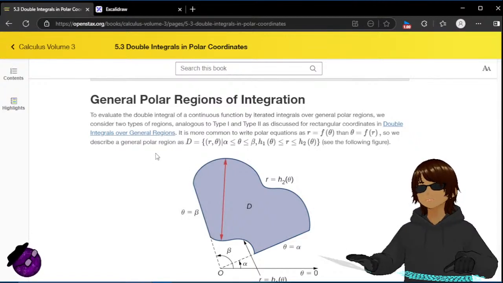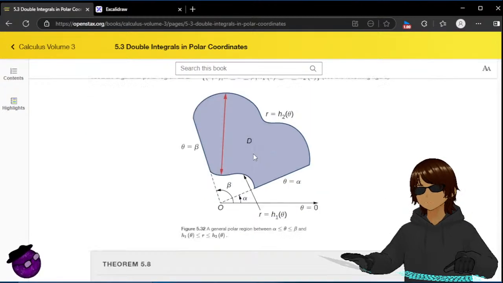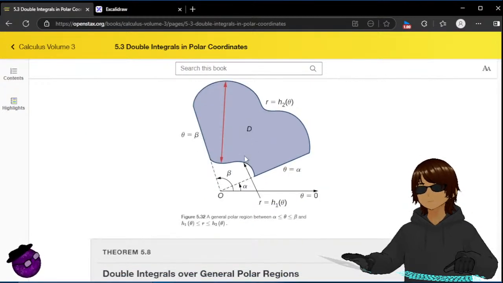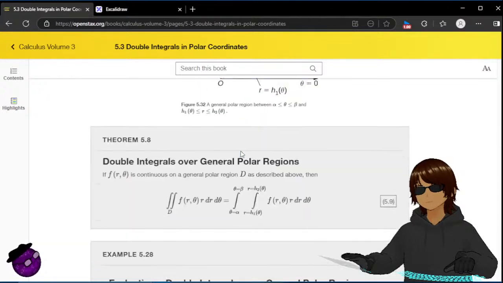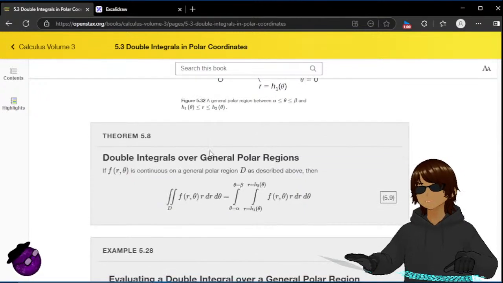So we describe a general polar region as D. See the following graph. Double integrals over general polar regions: if f of r theta is continuous over a general polar region as described above, then we have this.